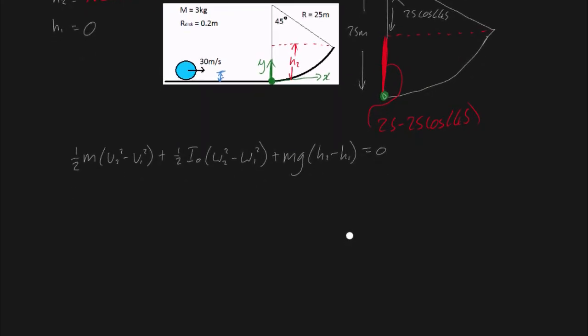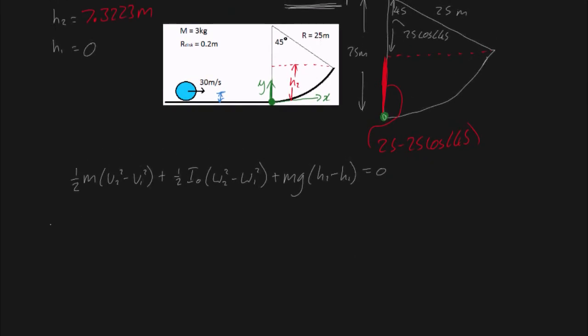Okay, so let's see. What are our values? Well, if we plug all our values in, we're left with a half m v2 squared. Still don't know what that is, so we'll leave it as (v2 minus 30) squared, right?